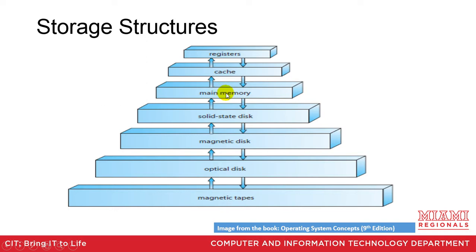The main memory is also known as random access memory. Your hard disk, solid state devices, optical devices like CDs and DVDs, and magnetic tapes are all examples of non-volatile long-term storage. Now ask yourself this question: what type of memory is your flash drive?